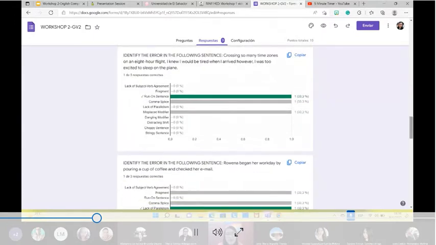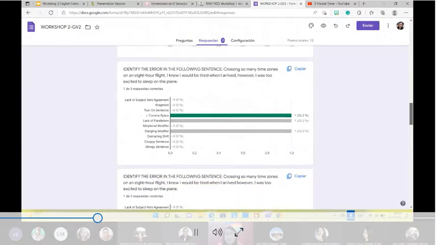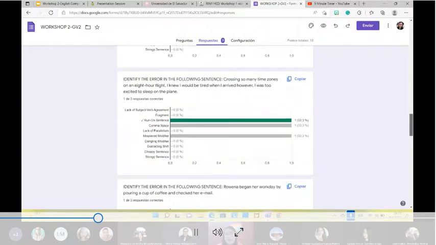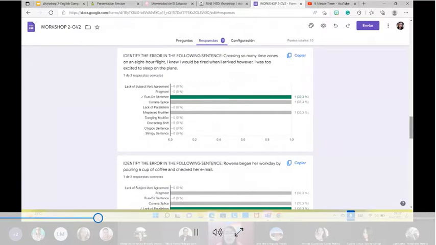Okay, so let's continue. And we also have here the same sentence: Crossing so many time zones on an 8-hour flight, I knew it would be tired when I arrived. However, I was too excited to sleep on the plane. And there we have a pronoun sentence issue. Good.